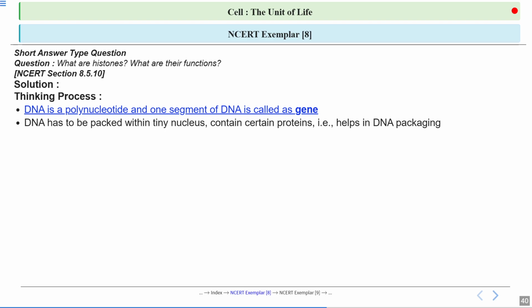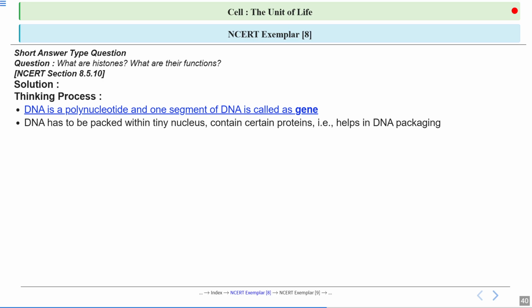Yes, so it is highly packed. The DNA is not free, it is highly packed.